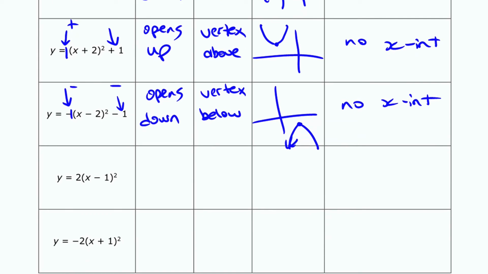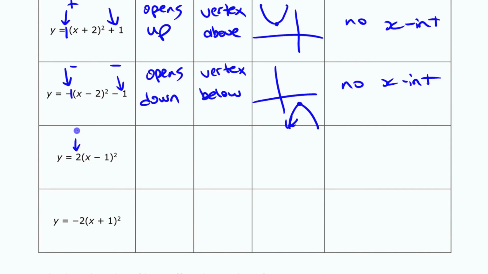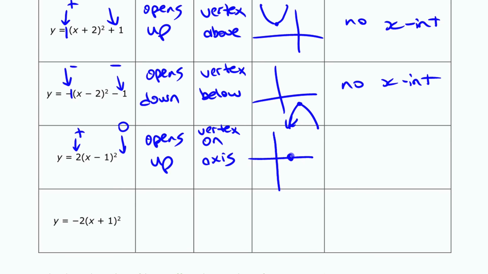Right, if we keep going here, a is positive, so it opens up. There's no k value there, it is 0. The k value is 0, so the vertex is on the axis. And so you have something like this where it opens up from there. So it has 1.